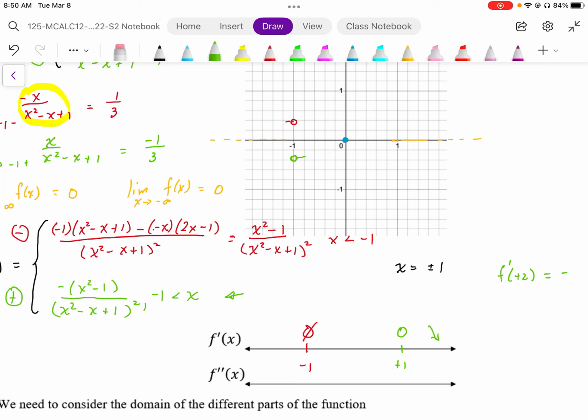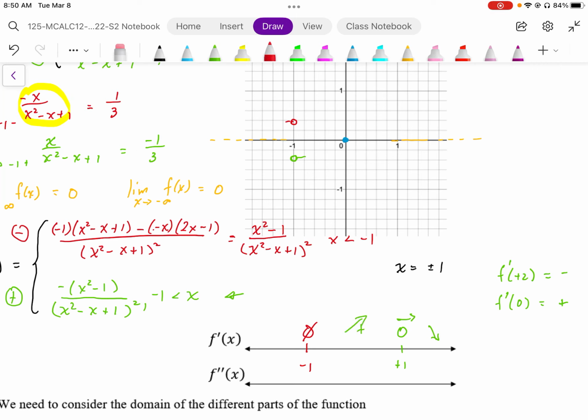So I know I'm pointing down like this. There's a horizontal tangent here at f prime of 0. If I test 0 on the left side of that, I'm going to end up with negative, negative, so it's going to be positive in the numerator. Again, the denominator is always positive because it's squared.